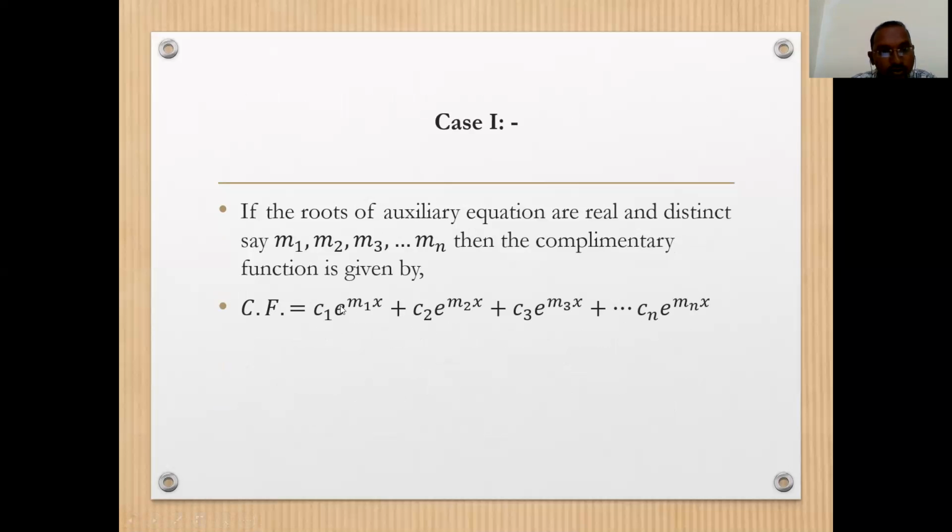Case number 1: suppose all the roots we have found are real and distinct.